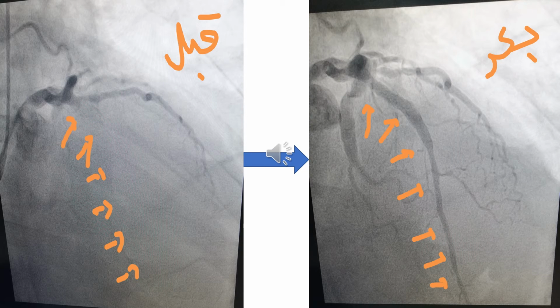As we can appreciate here, this is a total occlusion of the left anterior descending, which supplies about 70% of the myocardium, and the second photo after wiring, ballooning, and stenting of the lesion with regaining of his LAD and regaining of the supply to the myocardium.